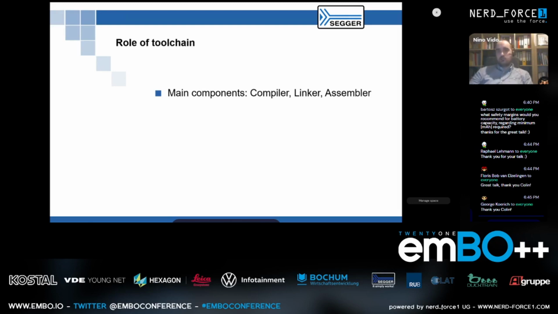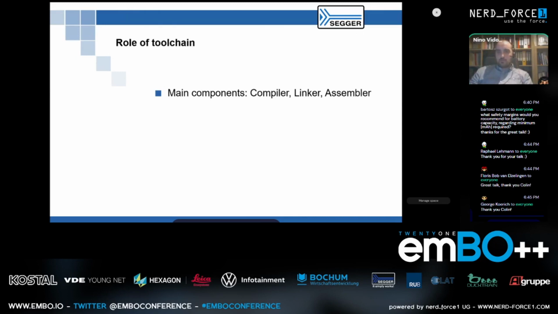Okay. So the linker essentially takes all the compiled files and places them at the memory you have specified and tries, if possible, to do this in a smart manner.